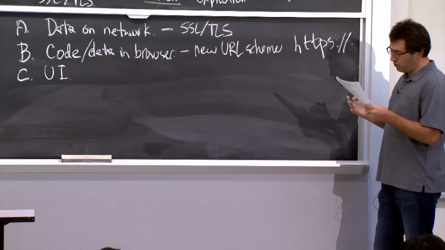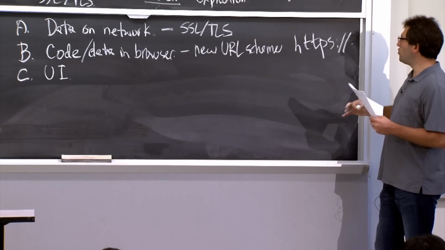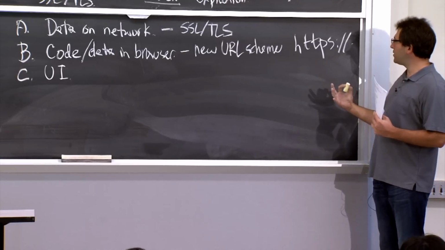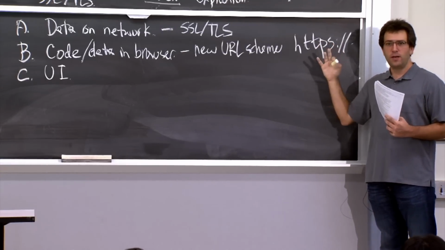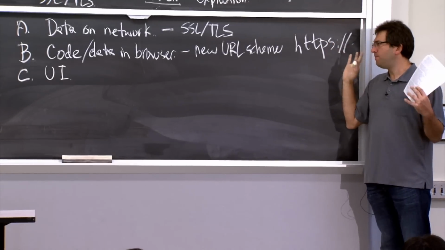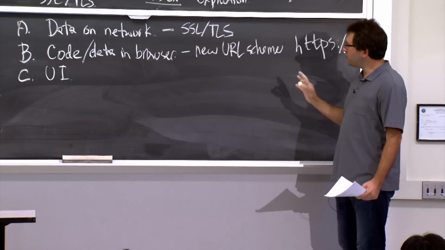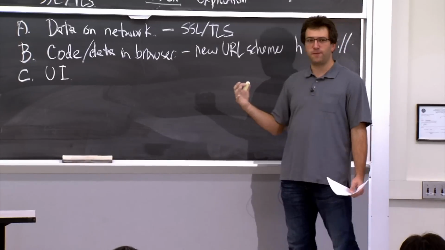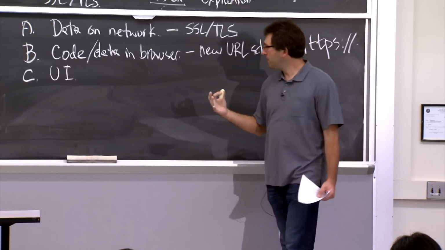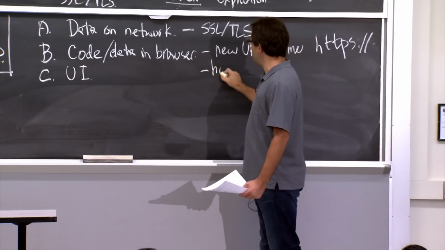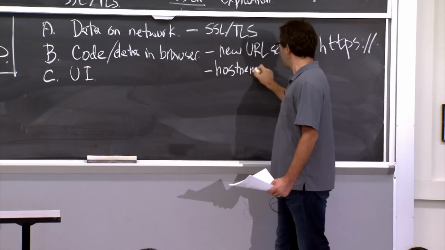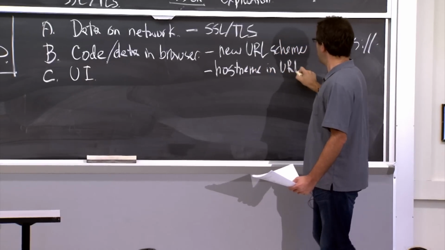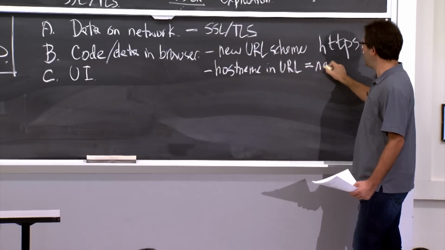But then you have to also make sure that you correctly distinguish different encrypted sites from one another, and then it turns out cookies have a different policy for historical reasons. So let's first talk about how we're going to distinguish different encrypted sites from one another. The plan for that is that the host name in the URL has to be the name in the certificate.